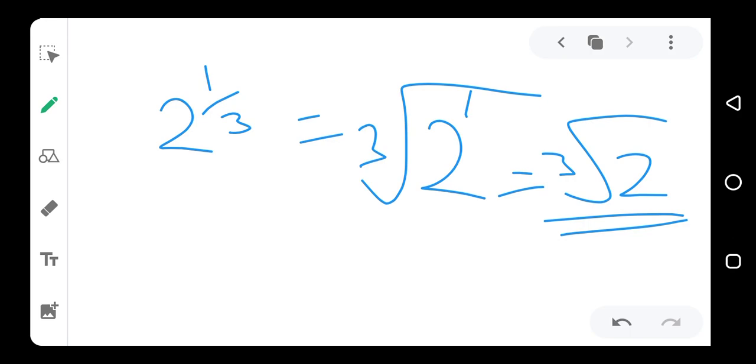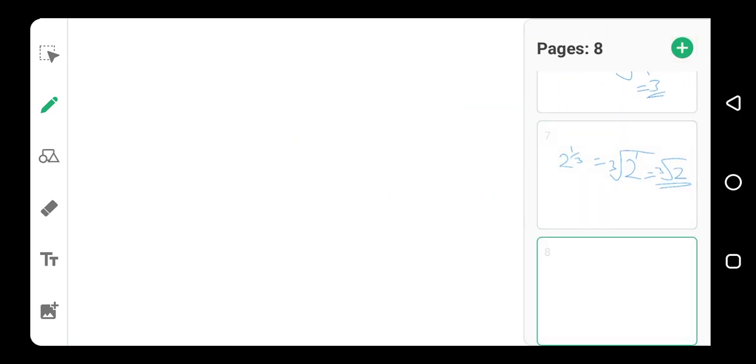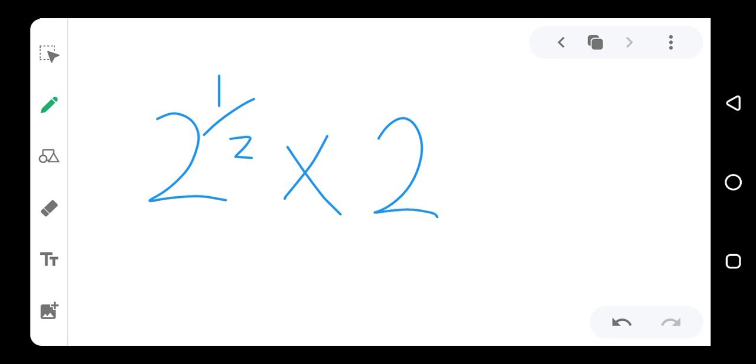Now, consider where we have 2 raised to power 1 over 2 times 2 raised to power 1 over 3.